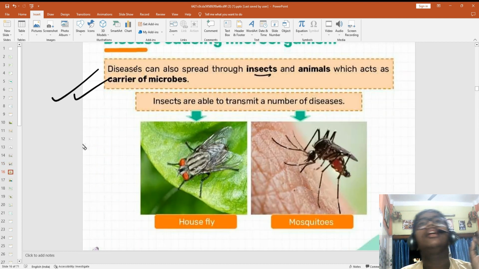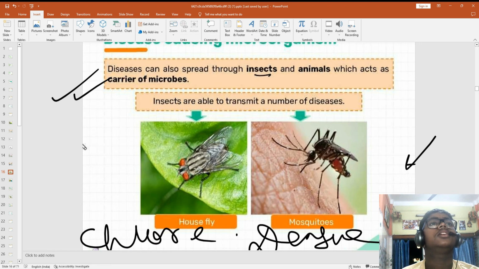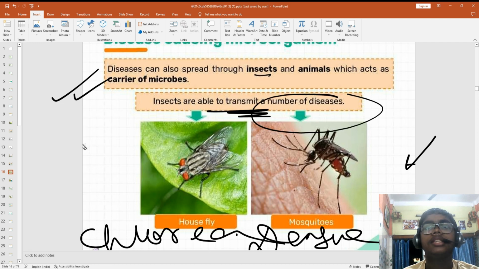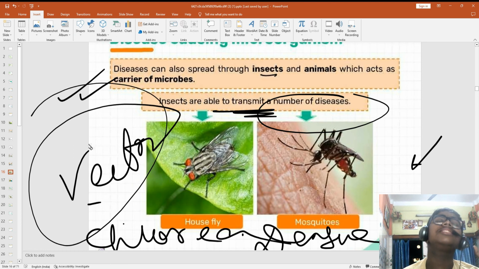Done. A carrier of the disease can also be there, like the mosquito carrying dengue, and the housefly carrying cholera, right? So they are transmitting a number of diseases. Those that transmit diseases are known as vectors. What are they known as?